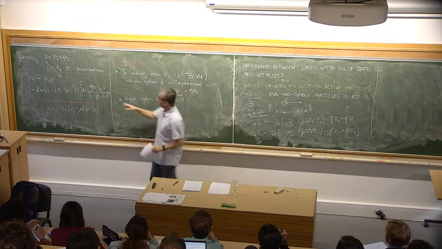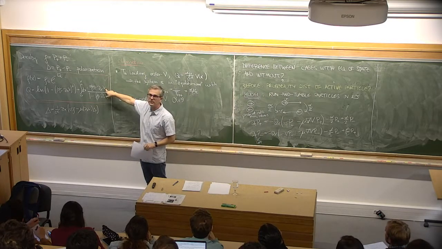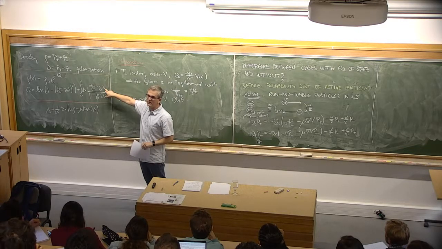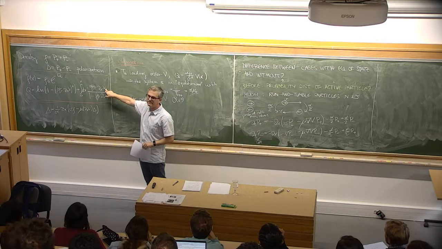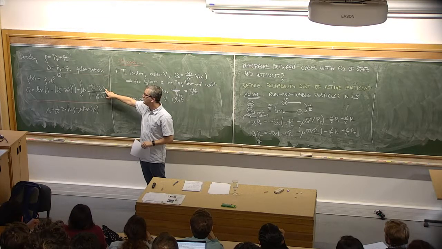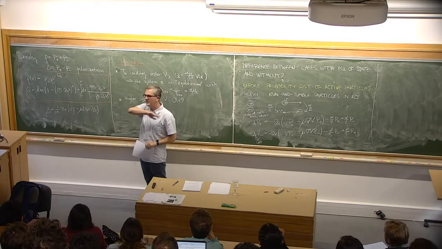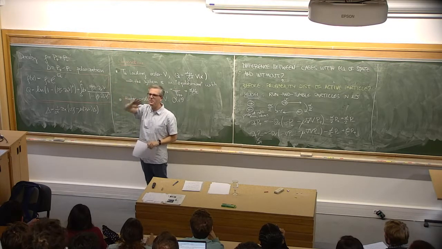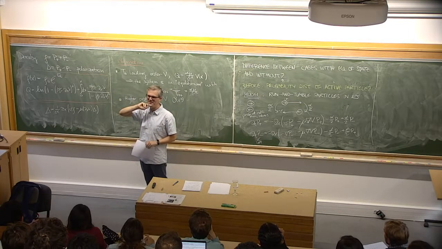Leading order in V that I keep first power of V. I'm thinking as a, yeah, but okay, you could think about it in gradients, but it's the same thing. Okay, up to this subtlety, let me go on, okay?